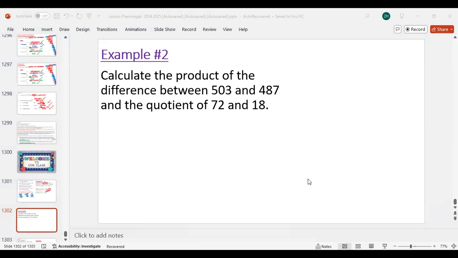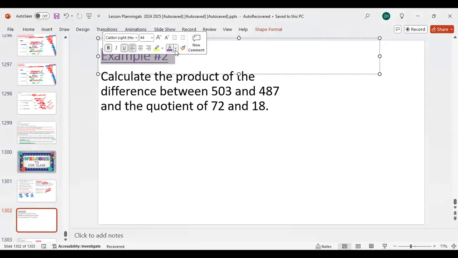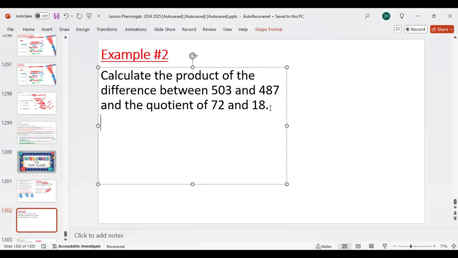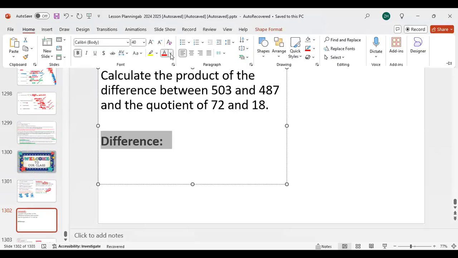Akira, do you understand this? If you didn't understand the first one, I'm doing it again. But I saw your message in the chat. So the first thing we're gonna do is the difference. What do we mean by the difference? Difference means subtraction.